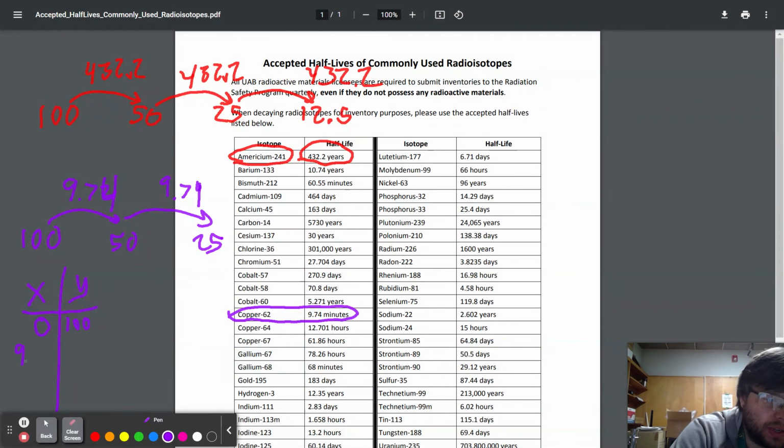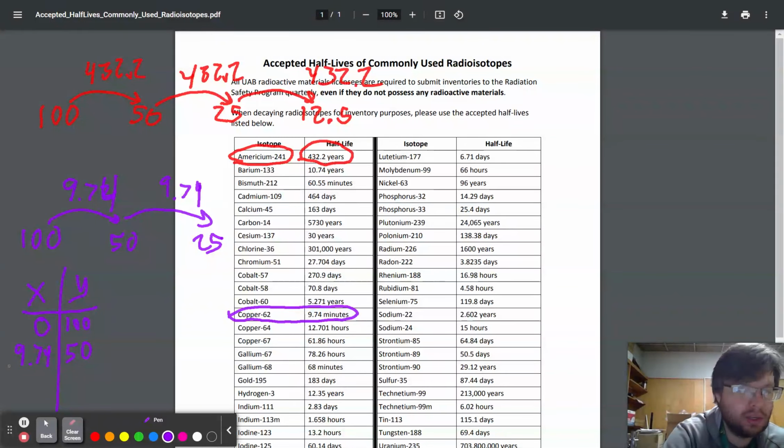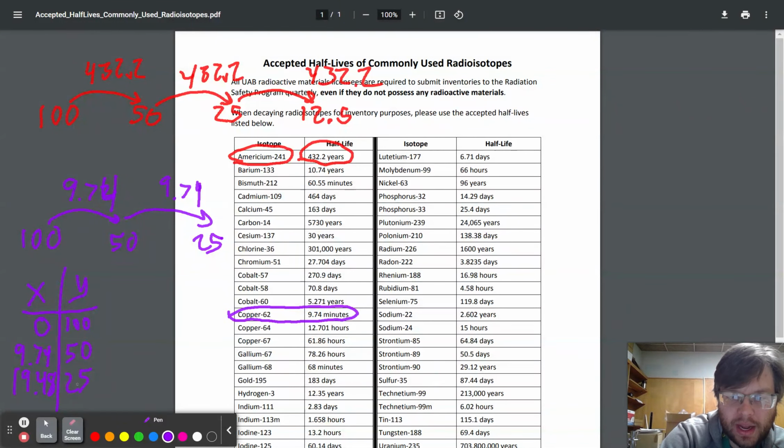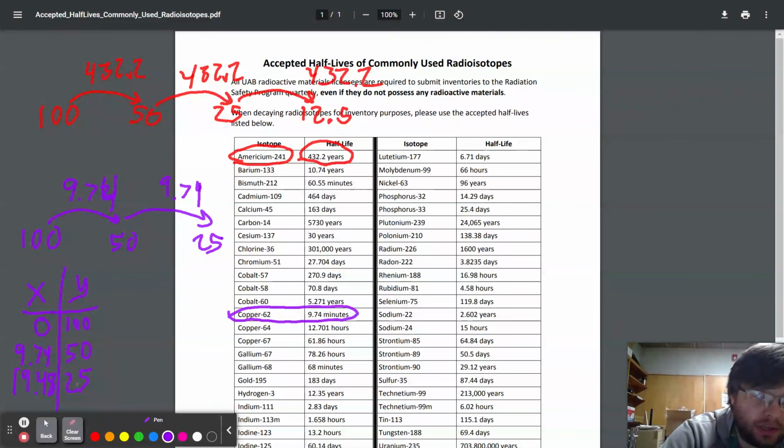When x is equal to 9.74, I have 50 remaining. When I have two copies of the half-life, that's 9.74 times 2, which is 19.48, and that's when I have 25 remaining. I can use this and actually come up with an equation.